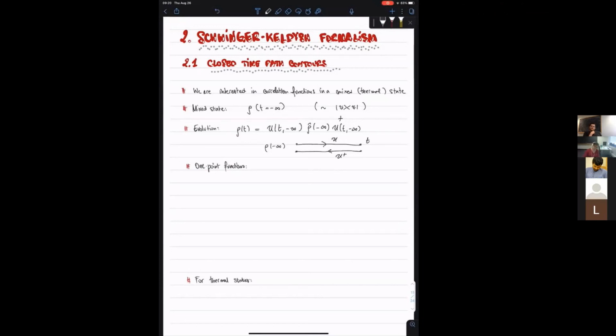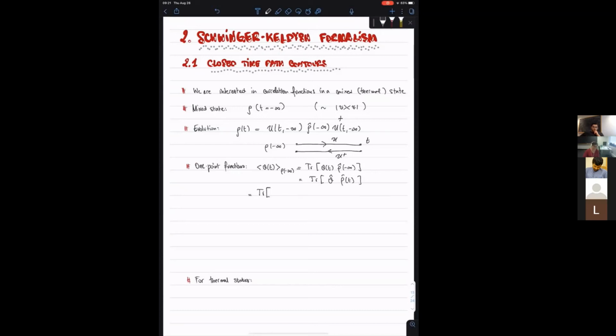If you want to compute one-point functions in this state, you can define it this way. And you can now move the time dependence from the operator to the density matrix, and write it explicitly like this.